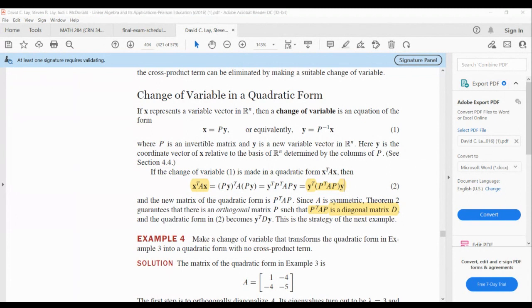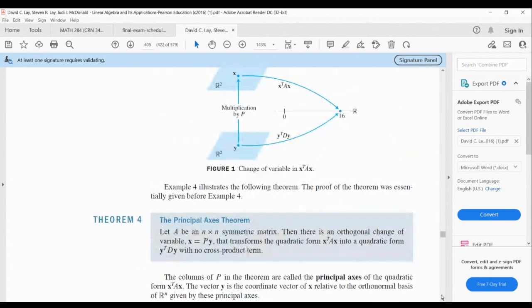So basically you have a quadratic form now with no cross product term. And this is called the principal axes theorem. The principal axes theorem is here, theorem 4.